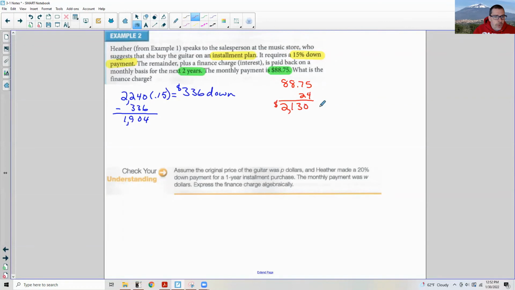Okay, so this is the total she paid with interest, $2,130. But the guitar was only $1,904 after the down payment. So here's how you determine that.